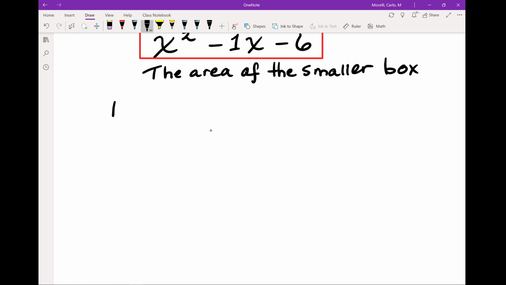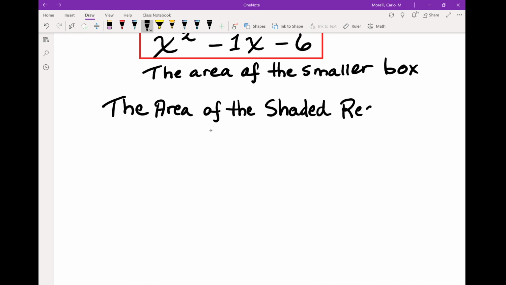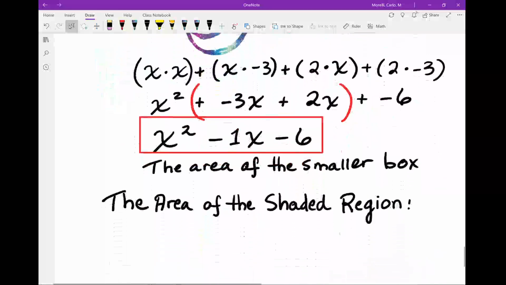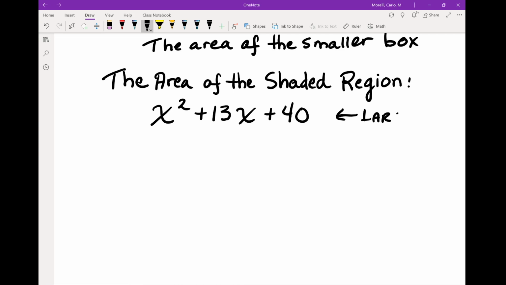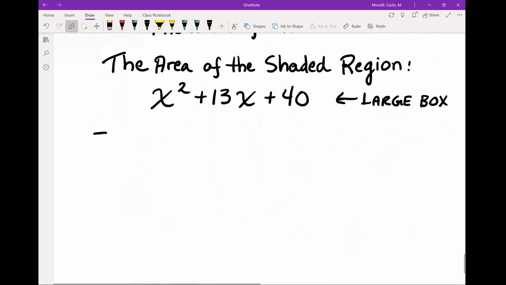This is the area of the large box, and we're going to subtract the area of the small box, which is x squared minus 1x minus 6.